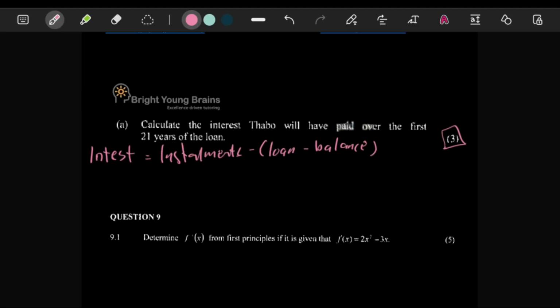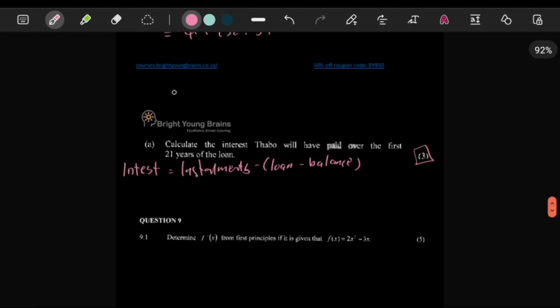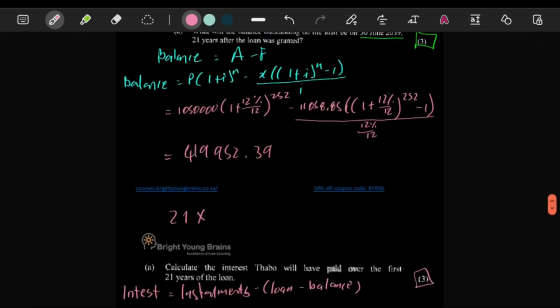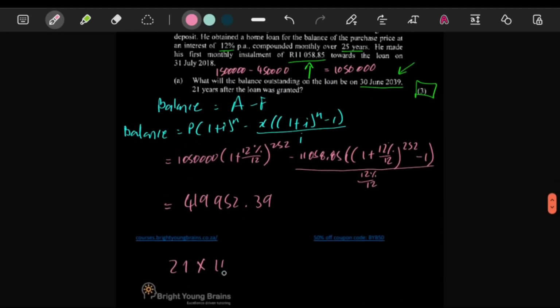We have the balance already, we have the loan already, we just need to know how many installments have been made after 21 years. So it's 21 times the amount of the installments. It's 11,058.85. So let's see what this is.